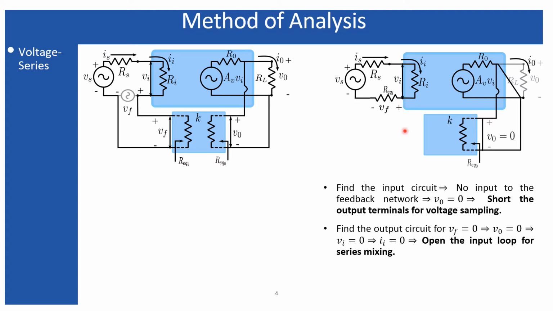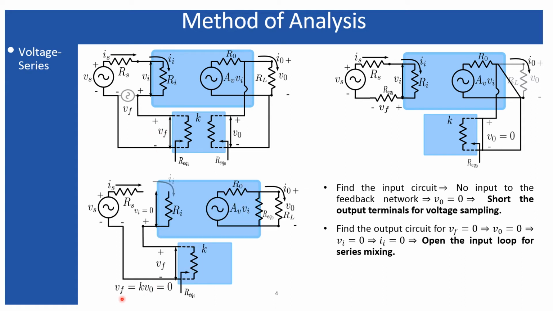In a similar way, when I incorporate the input impedance of the feedback network into the output circuit, that is called finding the output circuit for the base amplifier. I have to make sure that this VF is 0. But what is VF? VF is equal to K times V naught.